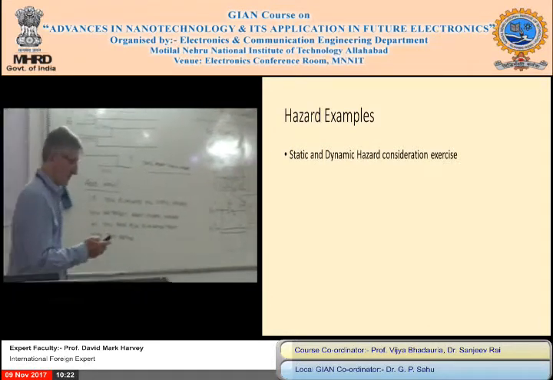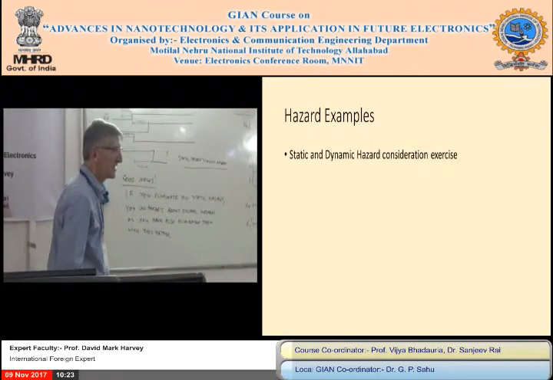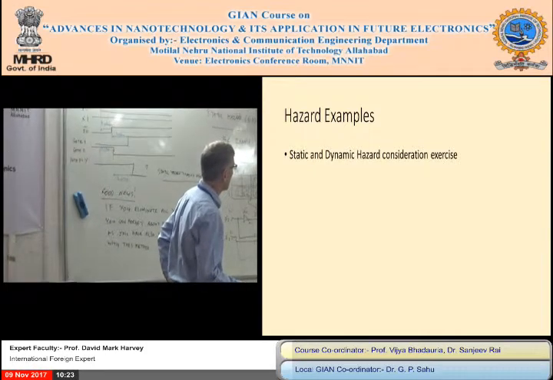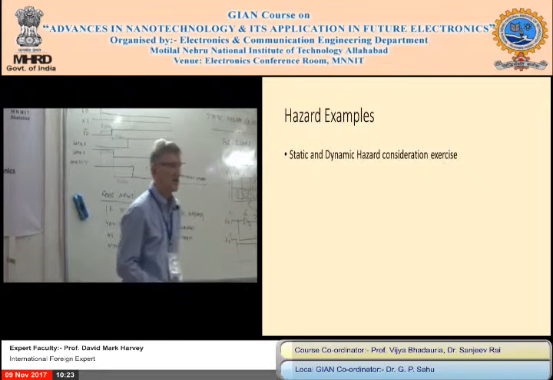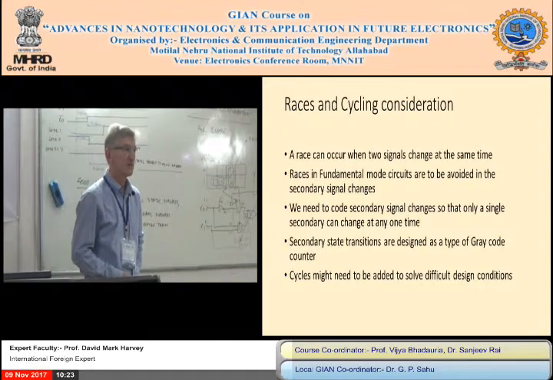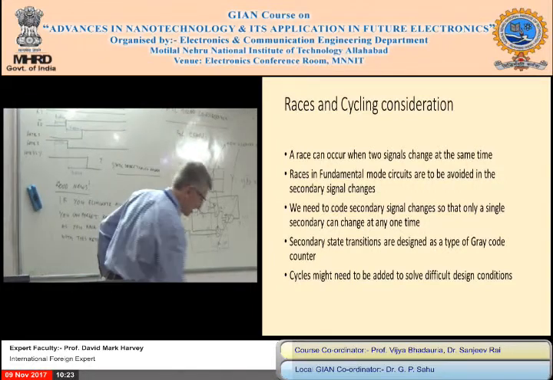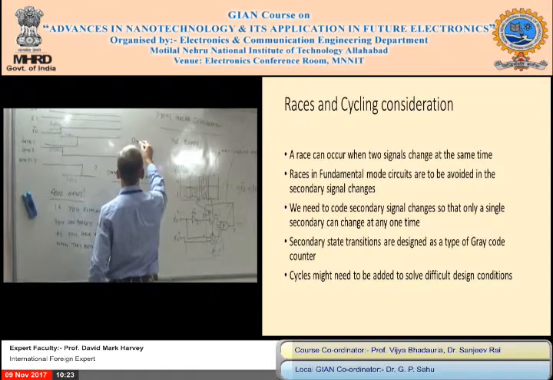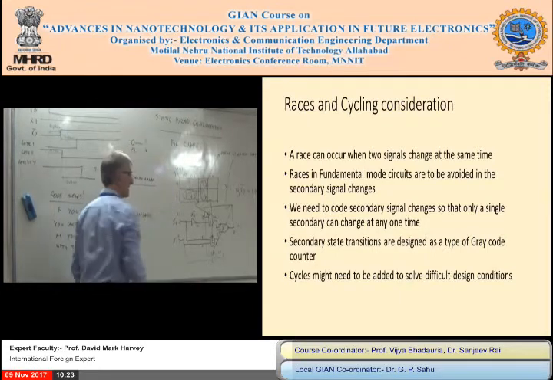So we need to move on to the races because we're racing to tea. So a race in this context can occur when two signals change together. For example, if we're going from 0, 0 to 1, 1.